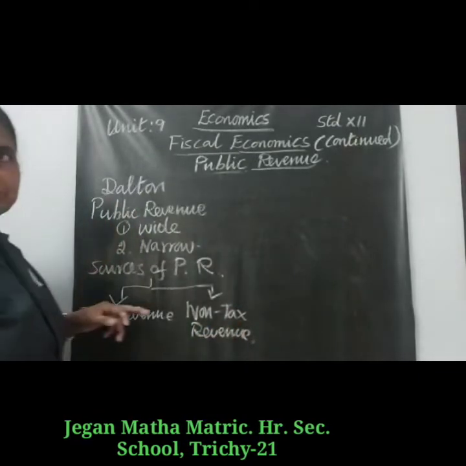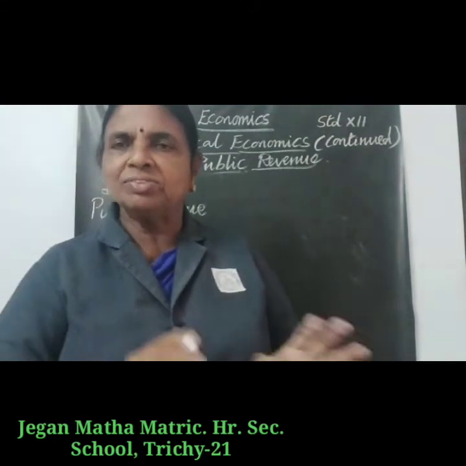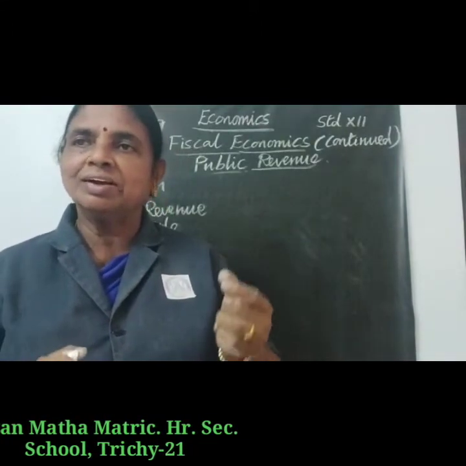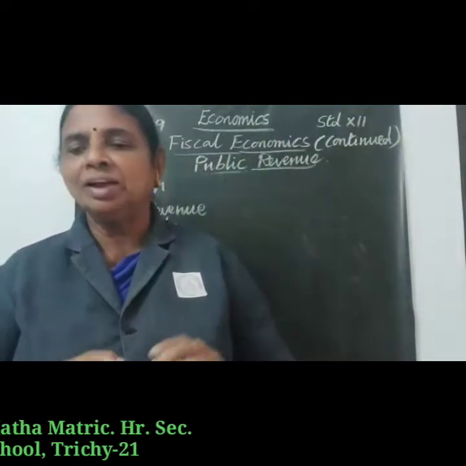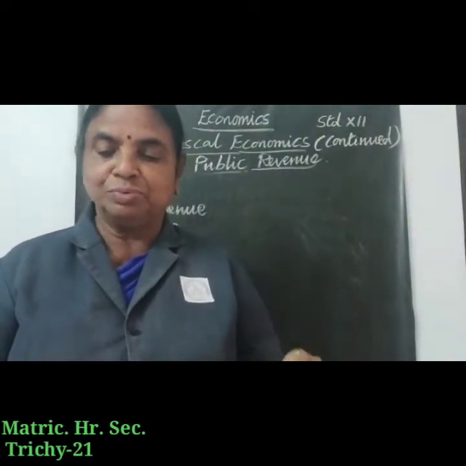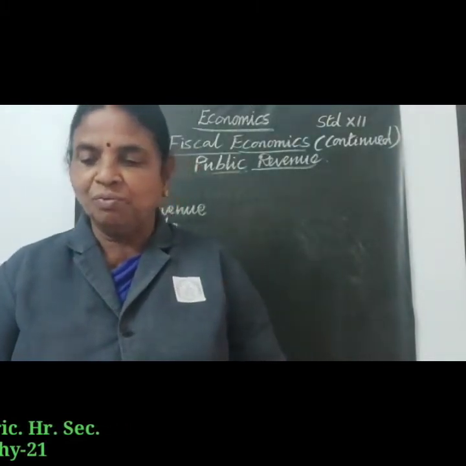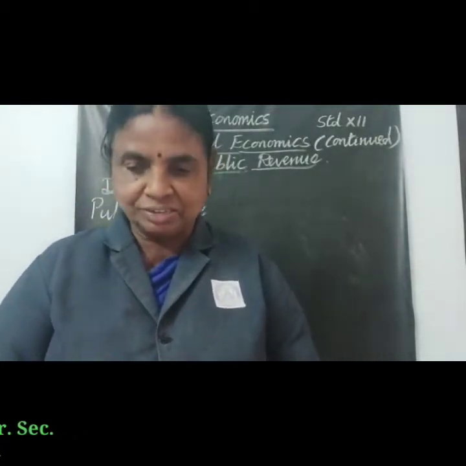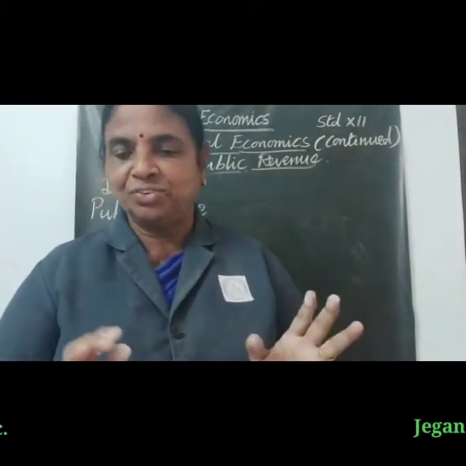Under tax revenue, what is tax? Tax is a compulsory payment by the citizen to the government to meet the public expenditure. According to Dalton, a tax is a compulsory contribution imposed by public authority irrespective of the exact amount of service rendered to the taxpayer in return and not imposed as a penalty for any legal offence.